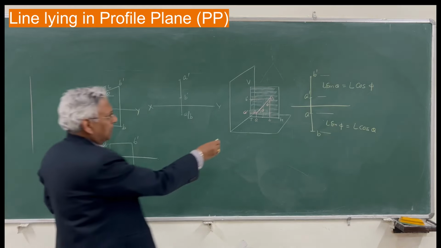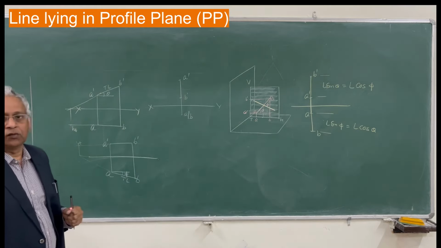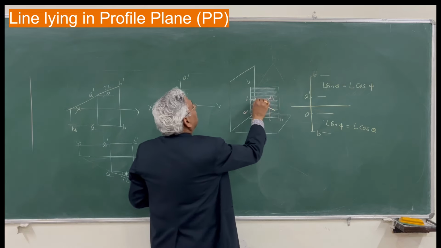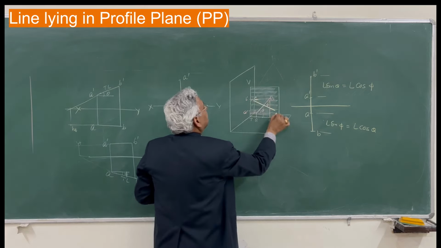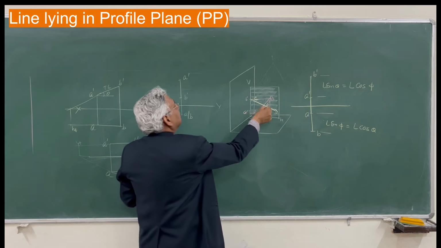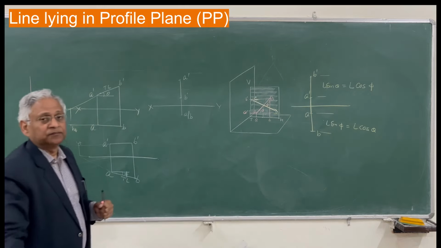You can draw this line in this position also. In this position also, right? And then draw the projections. Now, let us say CD. Again, the vertical trace and horizontal trace will also lie on the HT and VT of this plane.